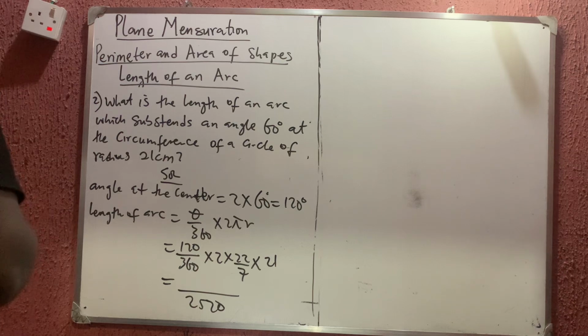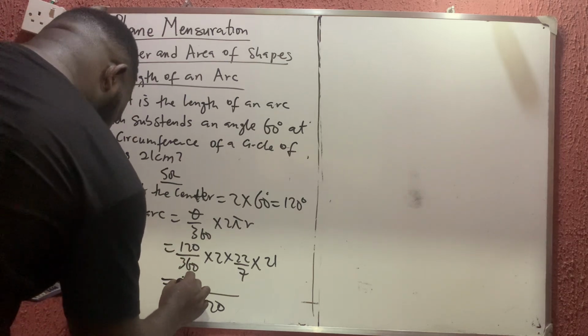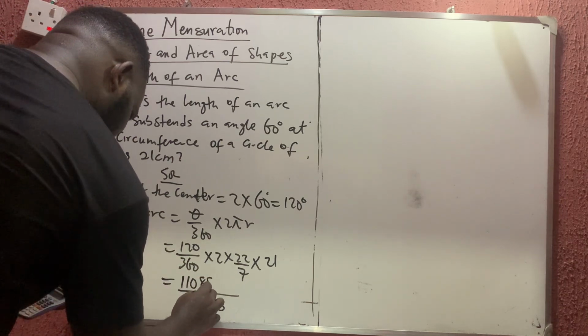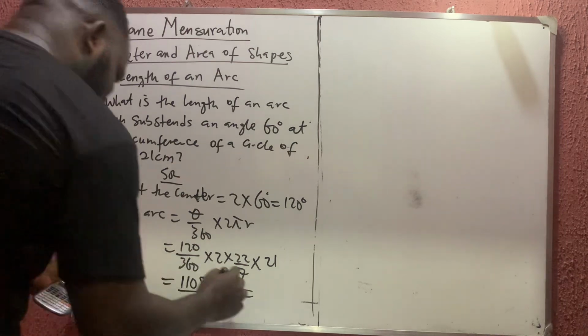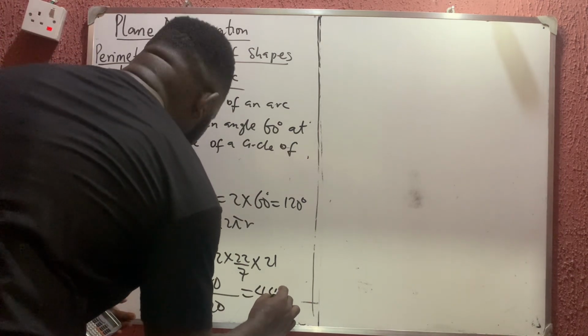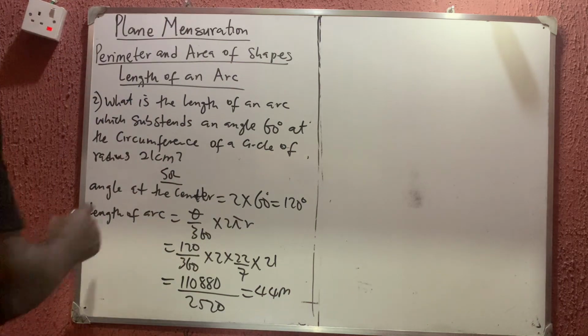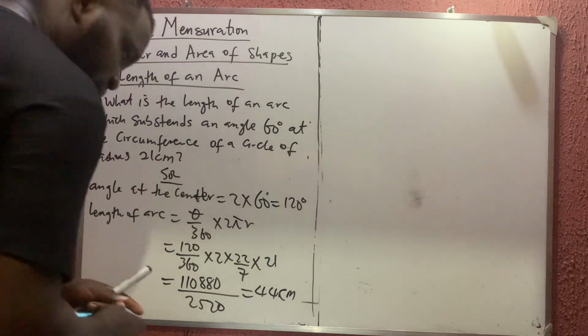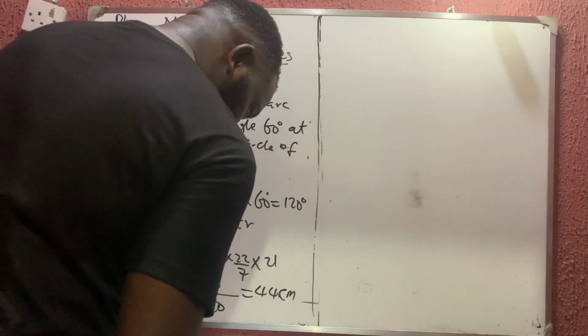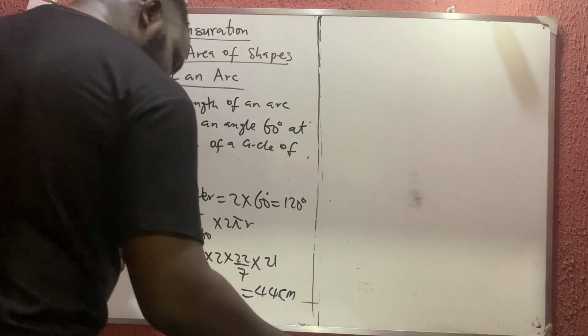The numerator is now 120 times 44 times 21, so I'm having 110880. If you divide it by 2520, you're having 44 cm. So you see, it's very, very simple. We move to the next question.